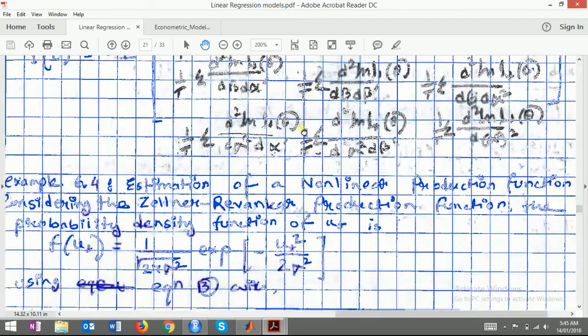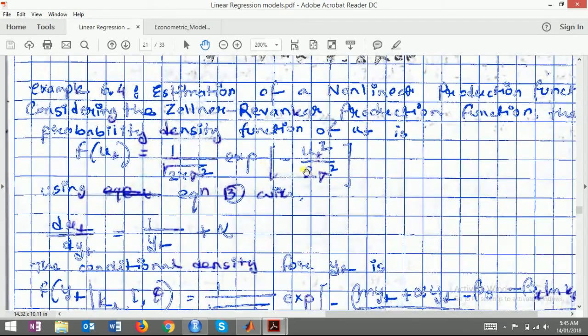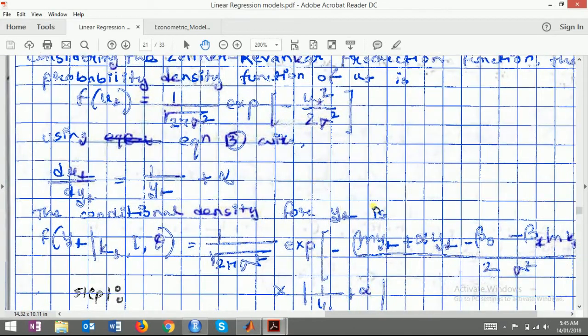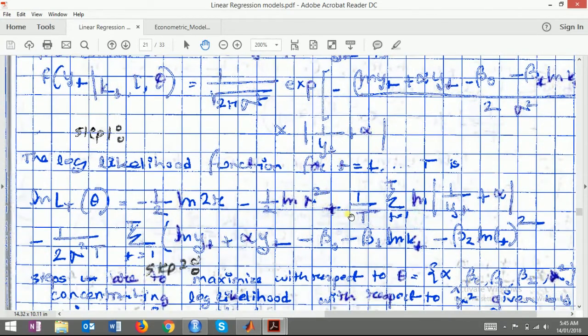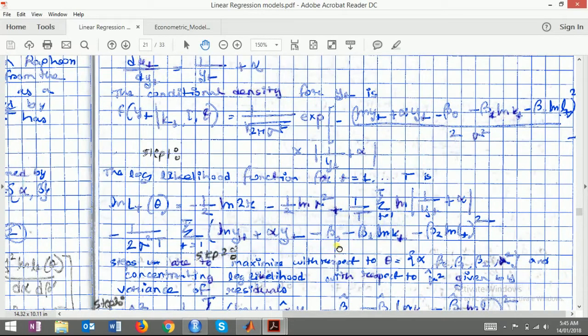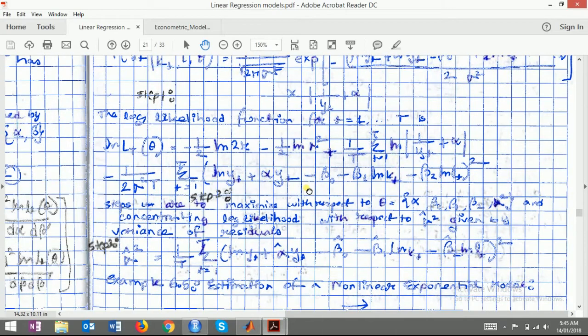So mu by sigma square is the function, and there are steps. First, what is the step? The first step is to find the log likelihood function, then the variance.